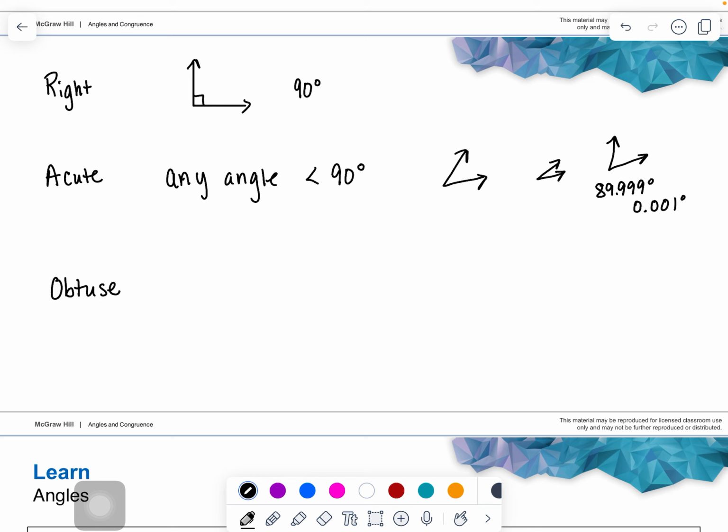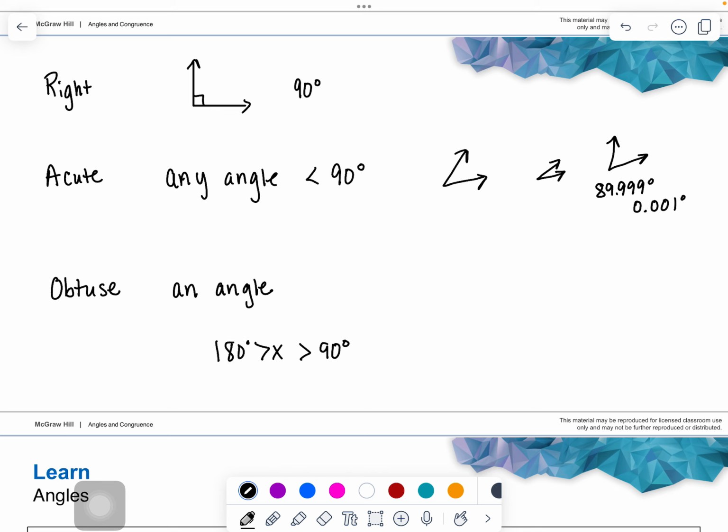And an obtuse angle is going to be an angle greater than 90. Typically, to be even more specific, let's call it an angle X. It's going to be greater than 90 degrees, typically less than 180 degrees.